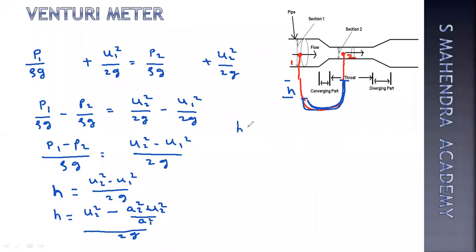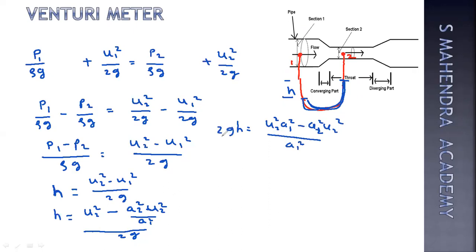H is equal to (U2 square A1 square minus A2 square U2 square) divided by A1 square, and this term 2g will get multiplied here.